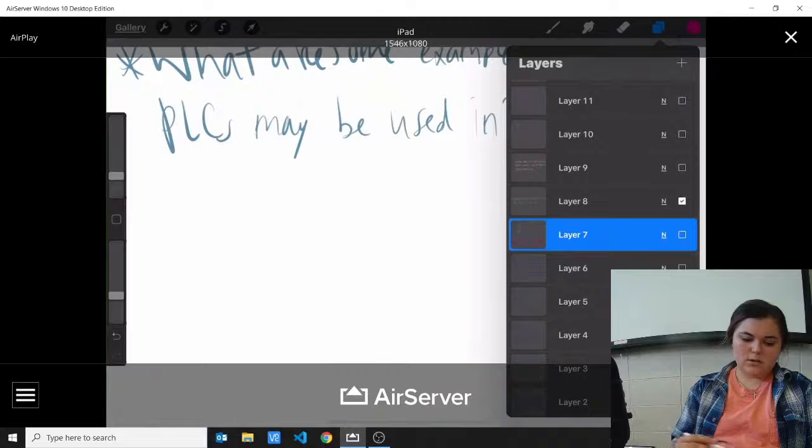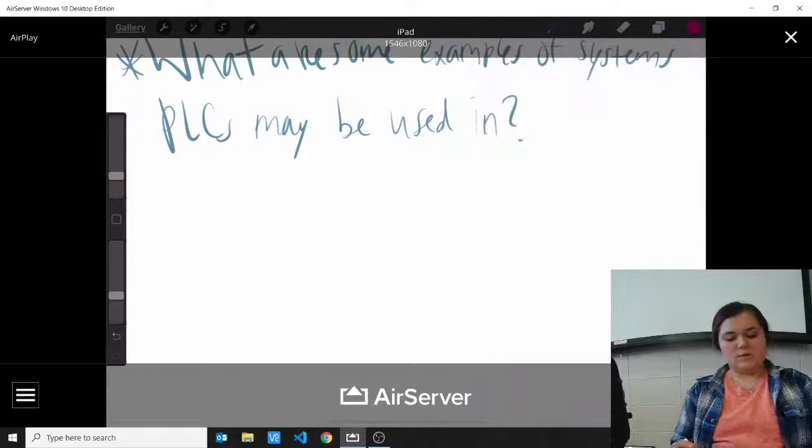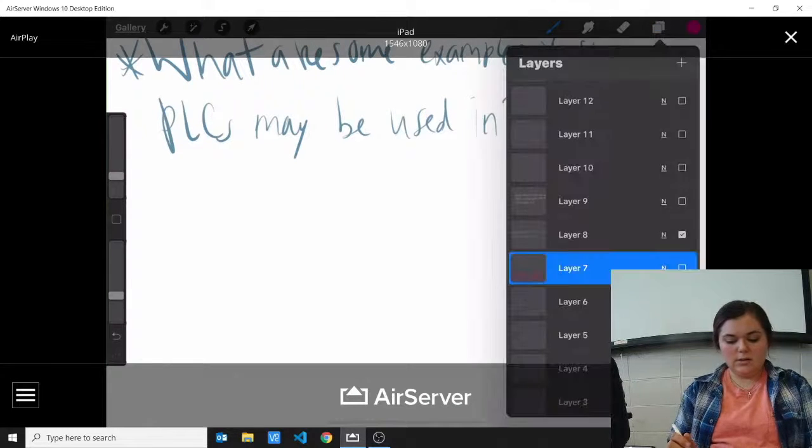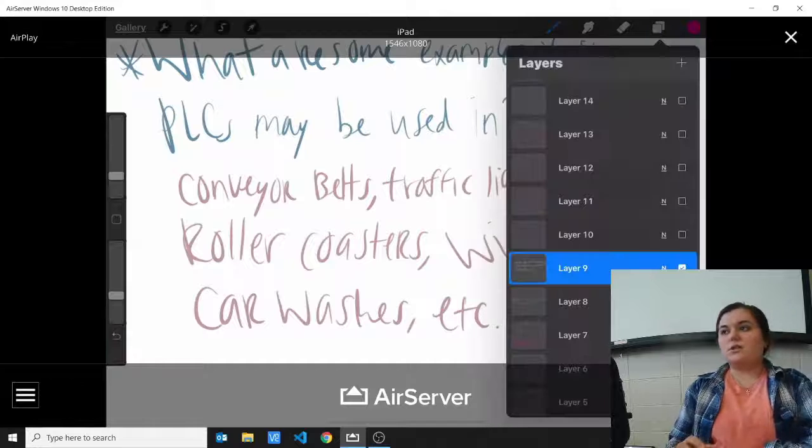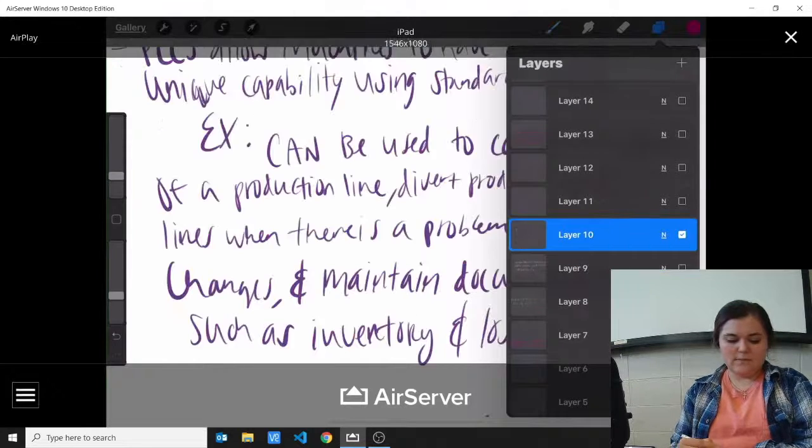So, what are some examples of systems PLCs might be used in? That would be conveyor belts, traffic lights, elevators, roller coasters, wind turbines, car washes, etc. So just be thinking, wow, I'm seeing PLCs at work and not even realizing it.